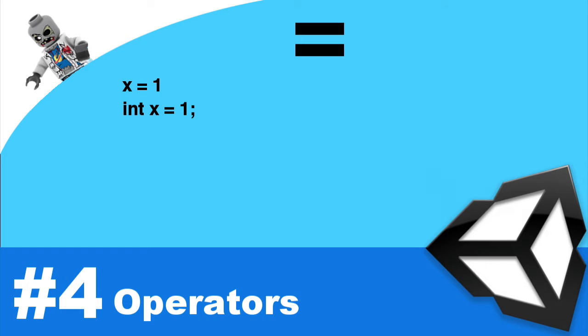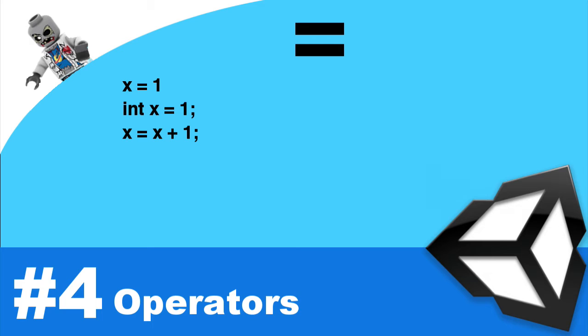But this breaks down when we start doing other assignment operations. Let's take a look at another operation. Let's say we wanted to increment x by 1. Here you can see we have x equals x plus 1. We're taking x, we're adding 1 to it, and then we're assigning it back to x, thereby overriding the previous value that was contained within x.